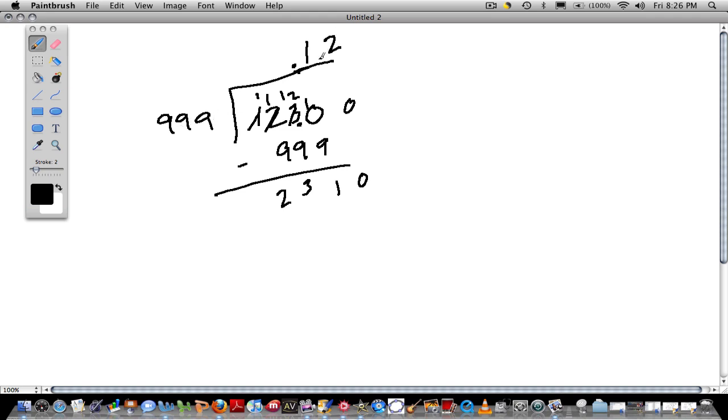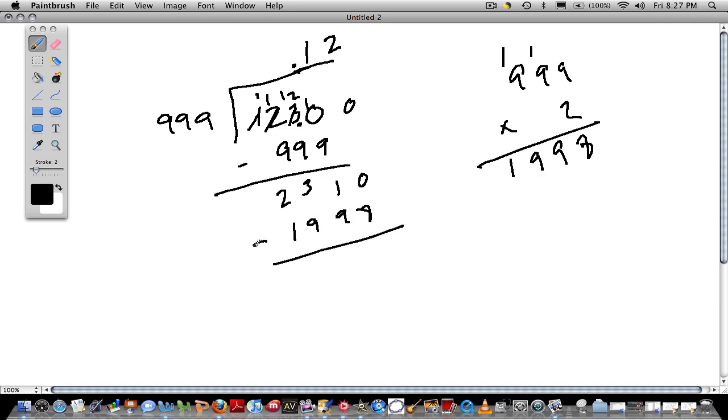How many times? It goes into it twice. 999 times 2, you can work it out over here, or do it in your head. 2 times the 9 is 18, plus 1 is 19, and so on, giving 1998. Subtract the difference. Here we get 312.